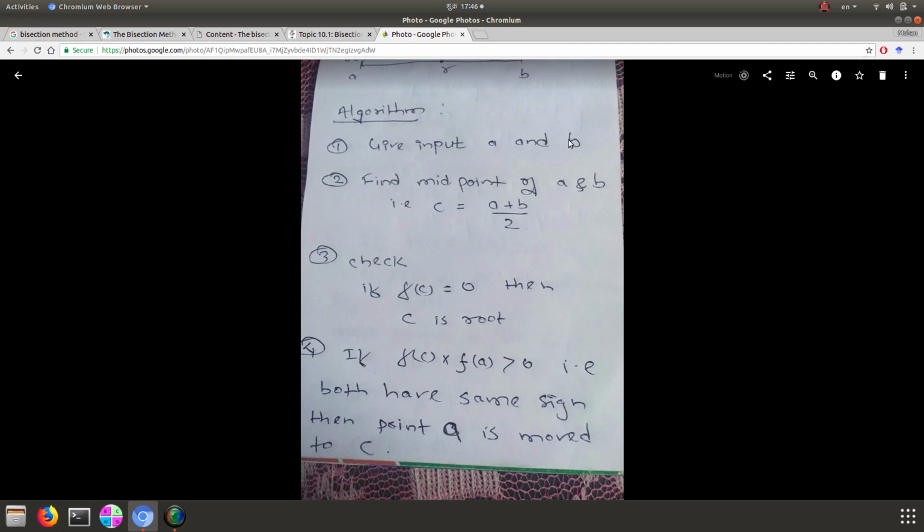We don't care about that, but the functional values should have opposite sign. Then we define a point c in such a way that c lies in between a and b. This is the formula for finding the midpoint of a and b: a plus b over 2. So a new point will be achieved here.